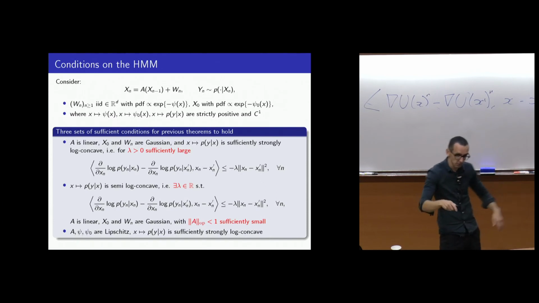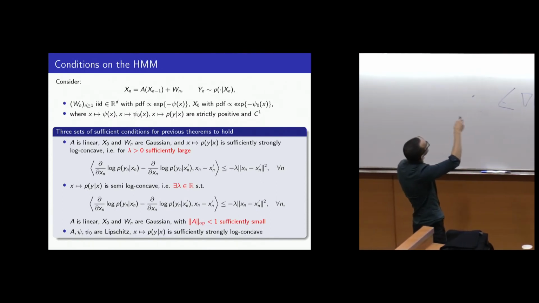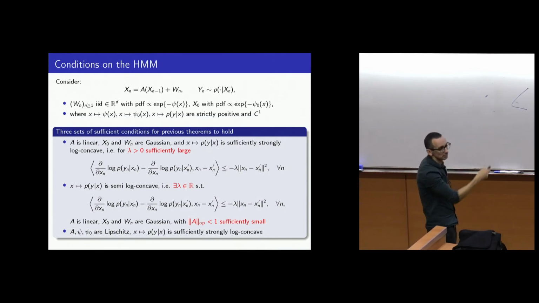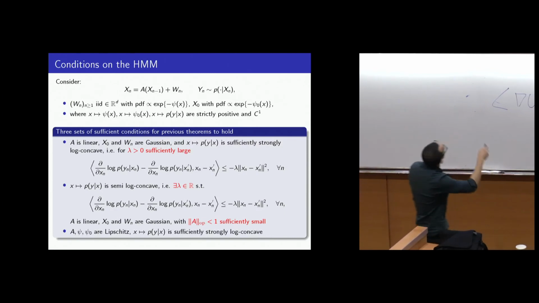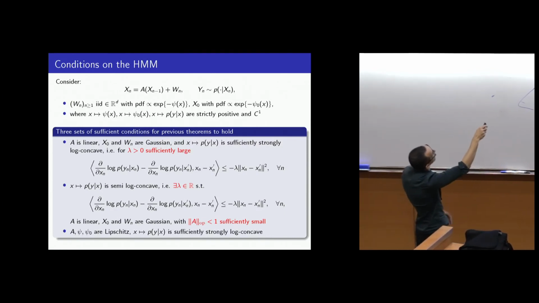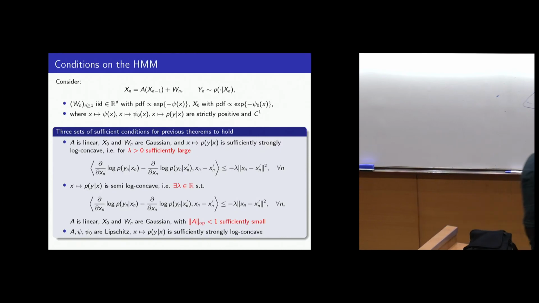They don't have to have exponential tails. I can do that if the signal is sufficiently stable, basically. And lastly, it's not necessary for things to be Gaussian. That just makes it easier to illustrate. For example, if these things are Lipschitz, then again, sufficiently strong log concavity of the likelihoods will be enough.